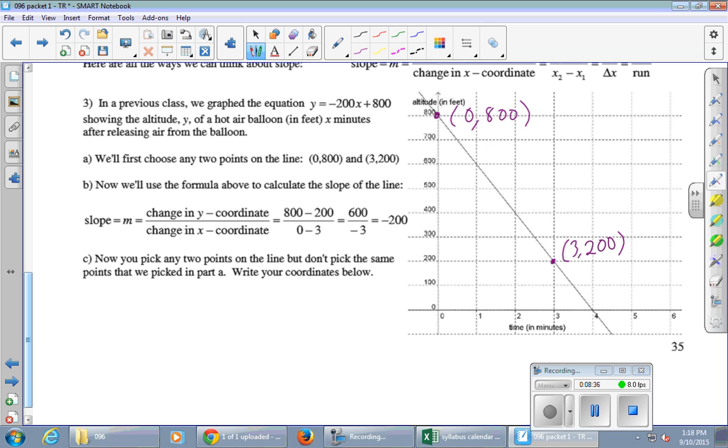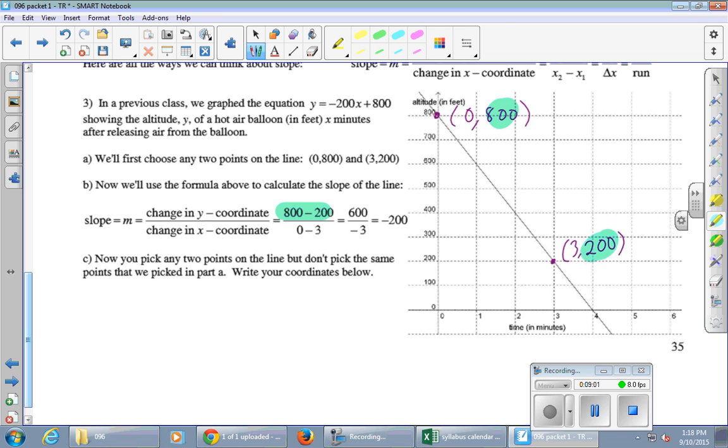Slope, which again is the letter M, change in y over change in x. So what we're supposed to do is compare the y values. We'll highlight in blue. There's a y value, there's a y value. What do I do with those numbers to find the change in y value? We subtract them. How much is the change? 600. We buy it? 800 minus 200, it's written out right there, 600.